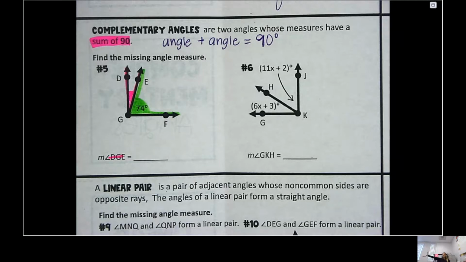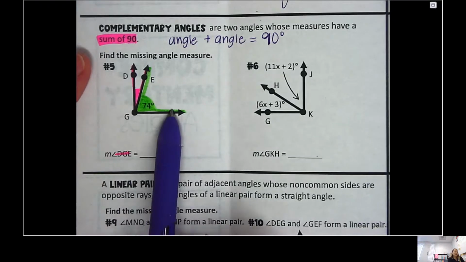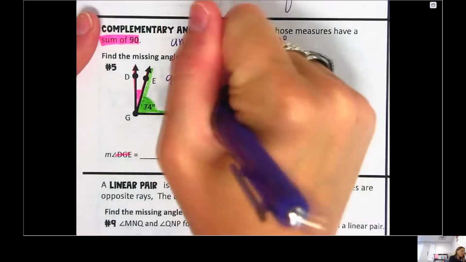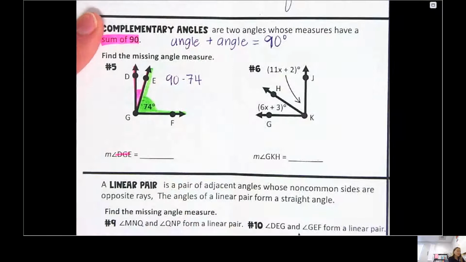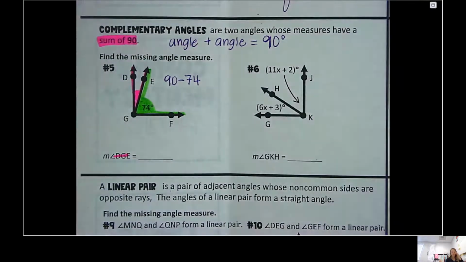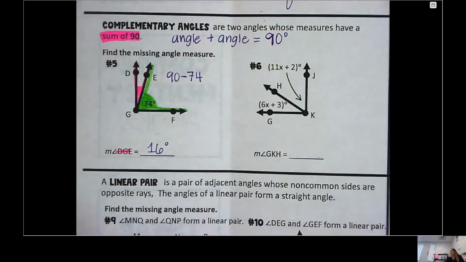Exactly. You're just undoing the addition. So Chelsea's saying, hey, this whole thing's 90 degrees. I already have 74 of the 90. All I have to do is subtract those two numbers. And I'll get my answer. What is 90 minus 74? 16 what? Degrees. Good. Now look at that. You're done. Easy, right?